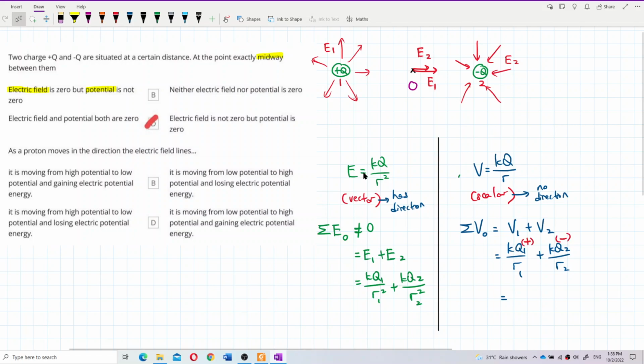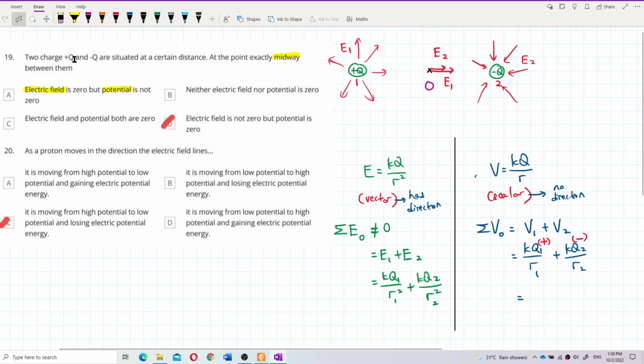They have the same amount of charge, equal charge, but just opposite sign. Understand? Different sign, but the same charge, Q.